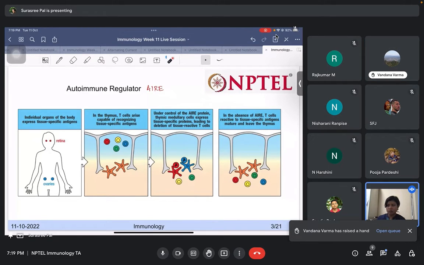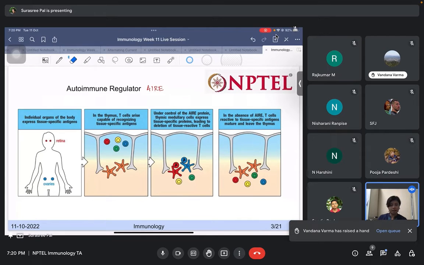Actually, it is quite difficult because in transplantation there are some drugs called immunosuppressive drugs, which are used so that the immune reaction is not elicited against the antigens of the graft, right?